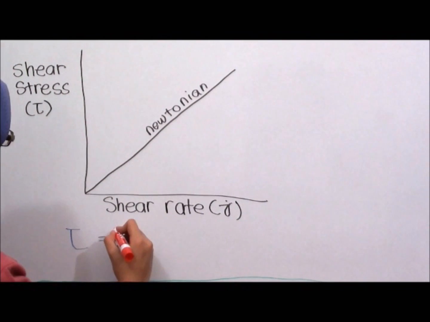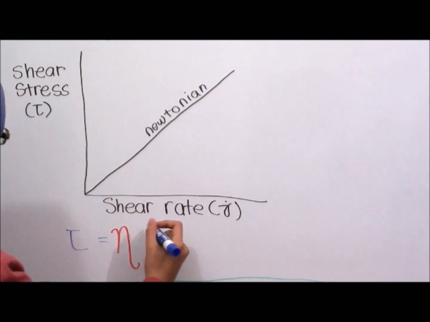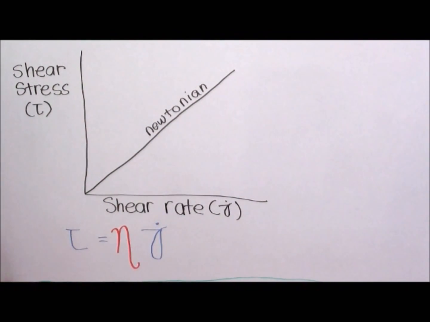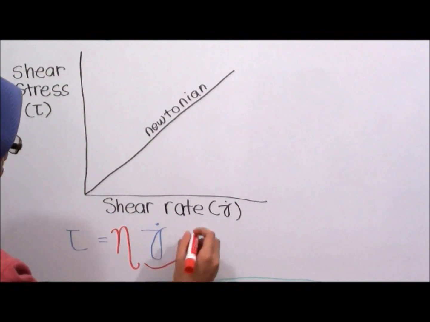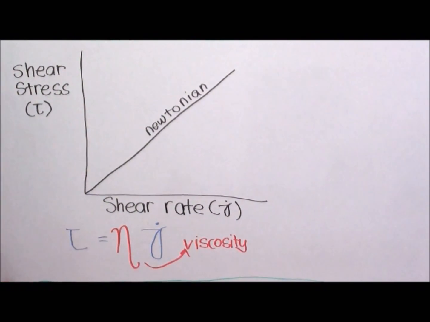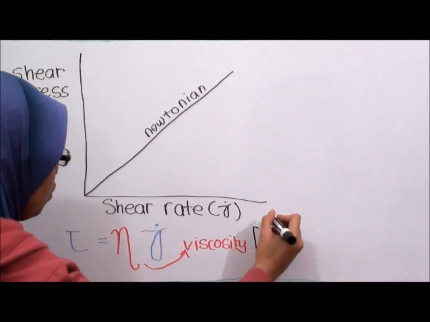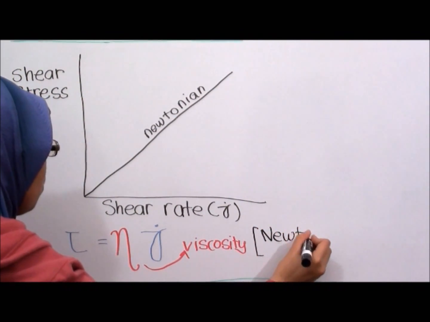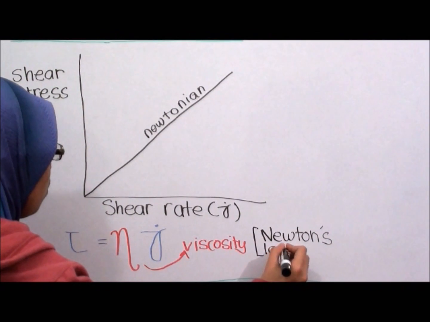Proportionality of shear stress and shear rate gives a constant gradient, which is called viscosity. This correlation is known as Newton's law of viscosity.